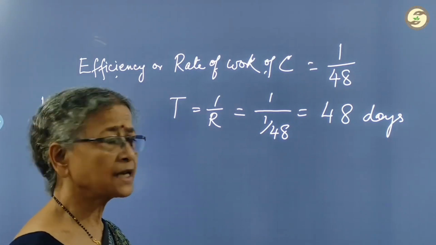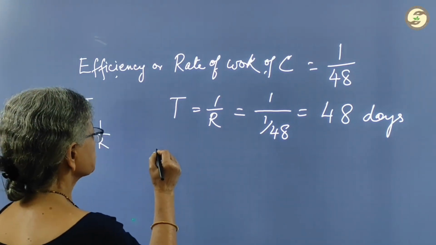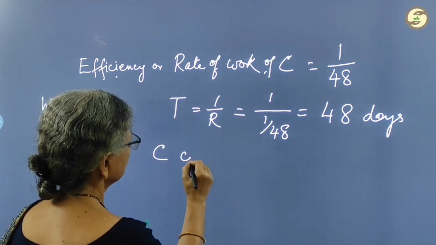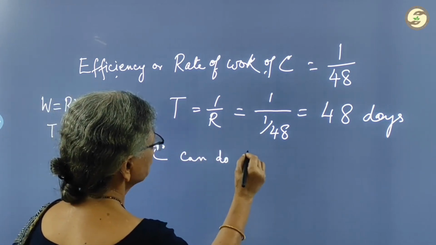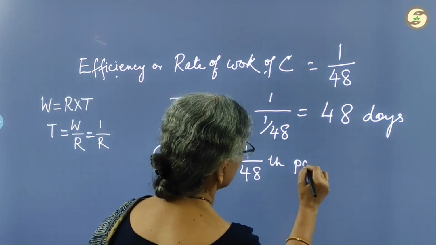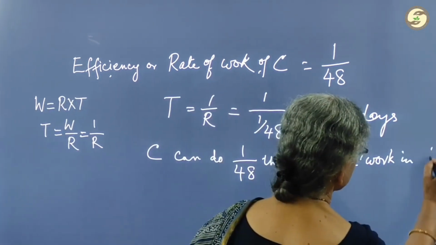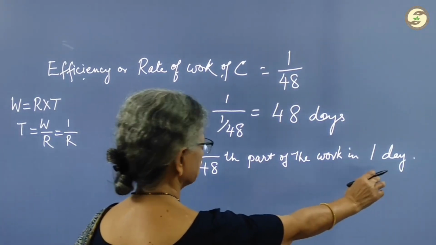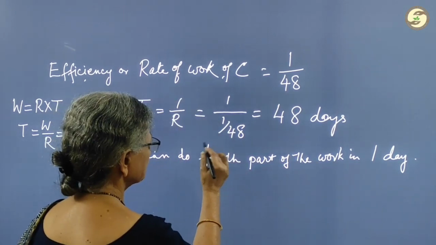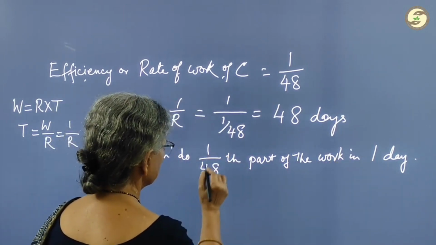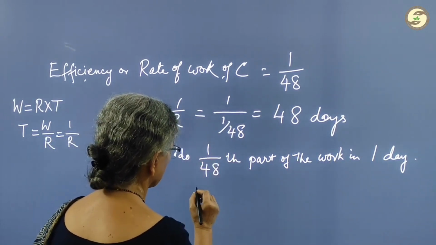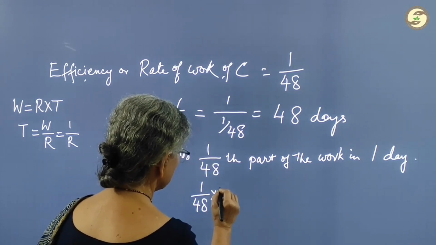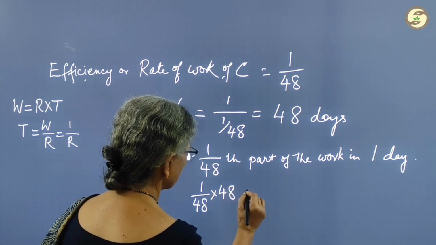We can also write it like this. C can do 1/48 part of the work in one day. So if we multiply this side with 48, we have to multiply that side also with 48. So 1/48 part of the work he does in one day. So to do one whole unit of the work, if we multiply 1 by 48 with 48, that is 1 unit of the work.